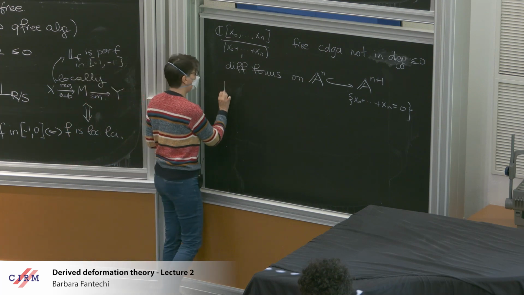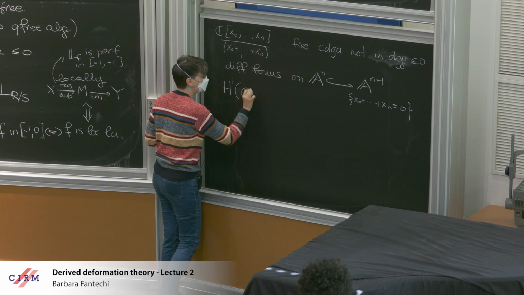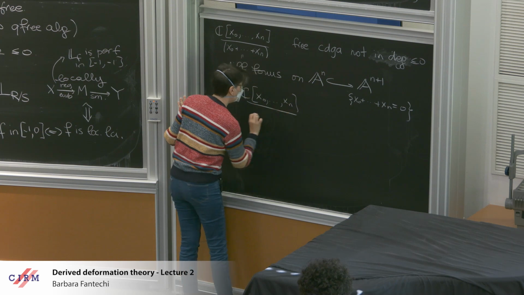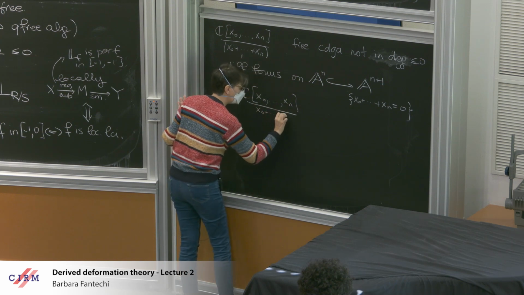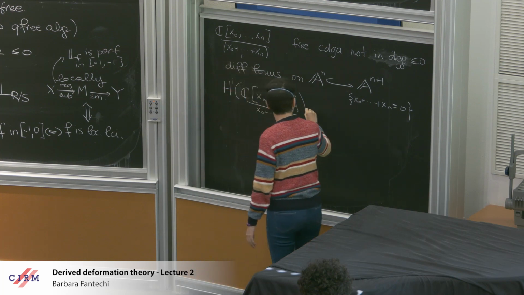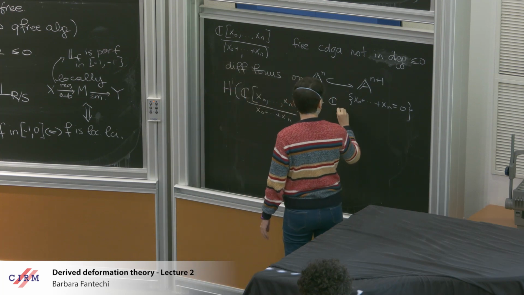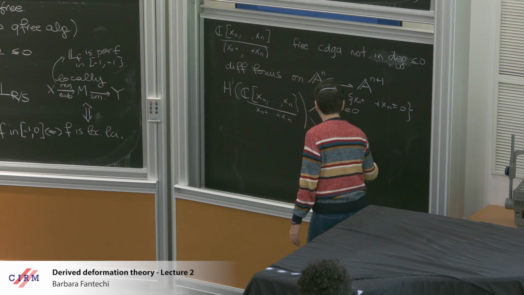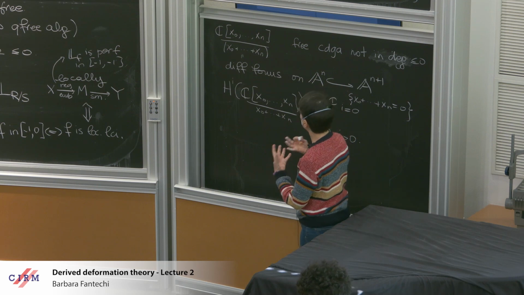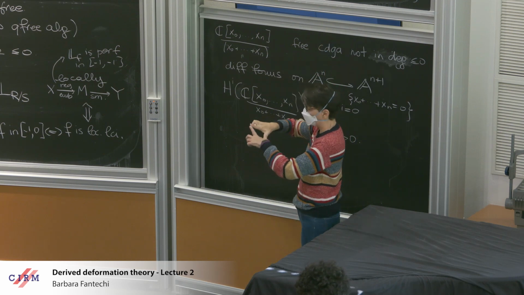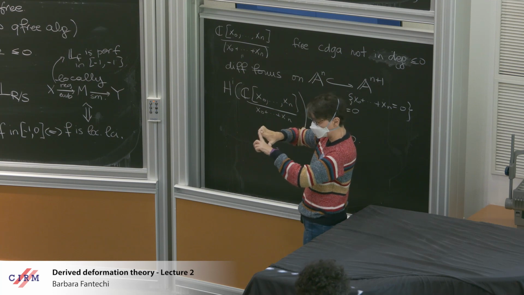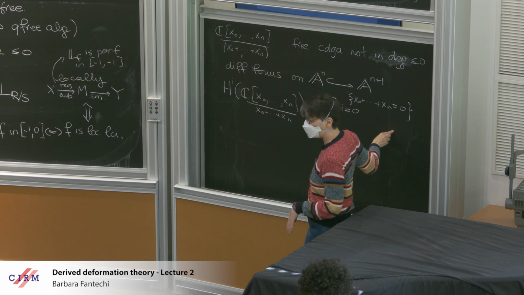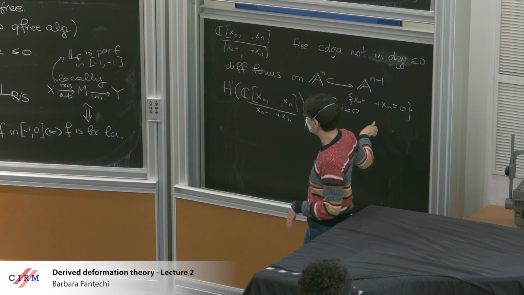And notice that the cohomology of this object now is what it should be: it's C if i is equal to 0, and 0 for i bigger than 0. This corresponds to our intuition that the simplex topologically is just a point. It's contractible, and this is also what this says.